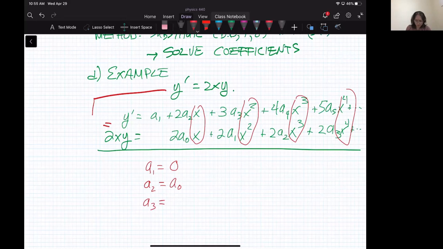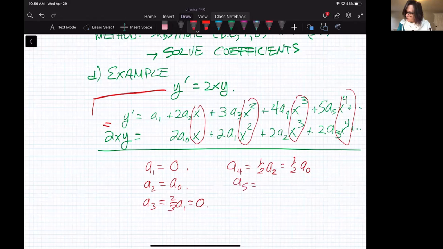2/3 a1, exactly, which is equal to 0. And then we can keep going down the line. a4 is equal to 1/2 a2, which is equal to 1/2 a naught. a5 is equal to 2/5 a3, which is equal to 2/5 times 2/3 a1, which is equal to 0, and so on.